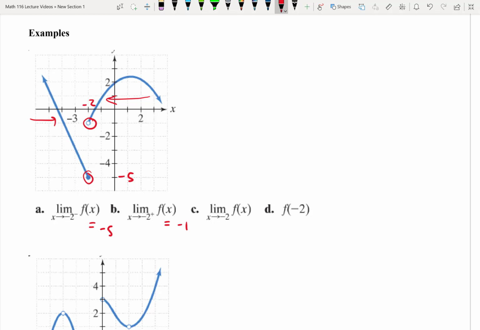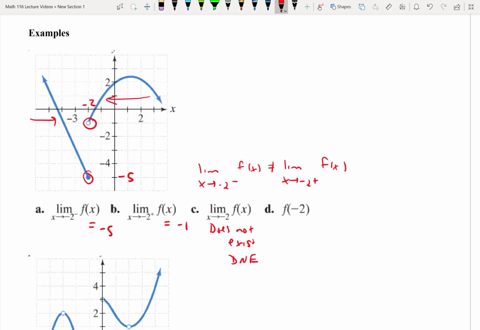Then the overall two-sided limit means put it together. So on the left it's negative 5, the right it's negative 1, and because these values are different, the limit as x approaches negative 2 on the left does not equal the limit as x approaches negative 2 on the right. That means that the two-sided limit does not exist. And we can abbreviate that DNE.